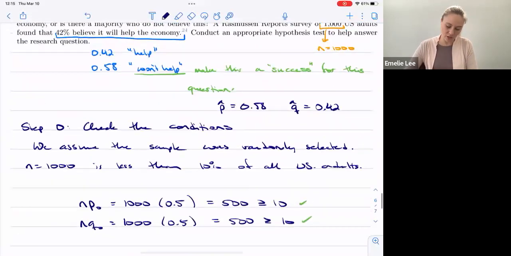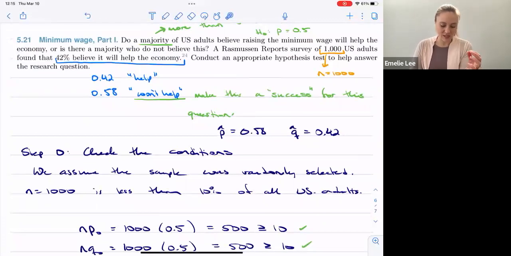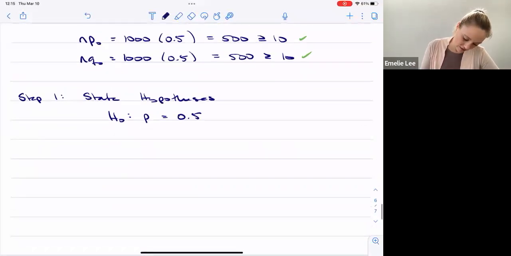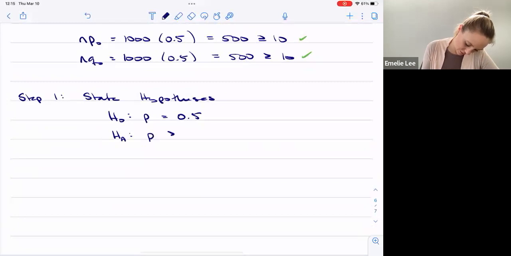And what I want to show, because even though I was given the 42% or the 0.42, I've tweaked it so that it would match how I want to solve this problem. So p hat is actually 0.58, and I want to know if it's a majority, so if it's more than 50%. So here, what that translates to is that HA is that p is greater than 0.5.